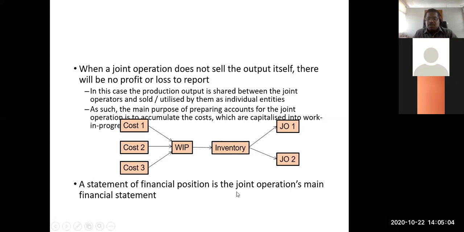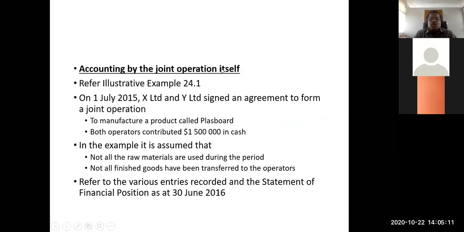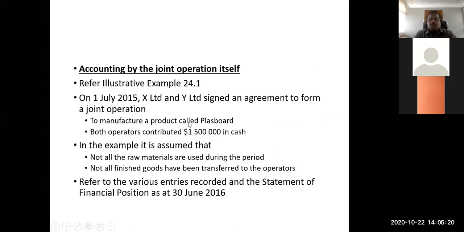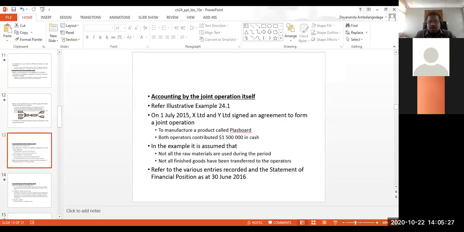A statement of financial position, the main financial statements. So you might have financial statements, accounting by the joint operations. Refer to illustration 2.41. 2.41 is not with us, no? What is 2.1? I think I have to go back to the slides. 2.1 is not with me. 2.1 is the chapter.